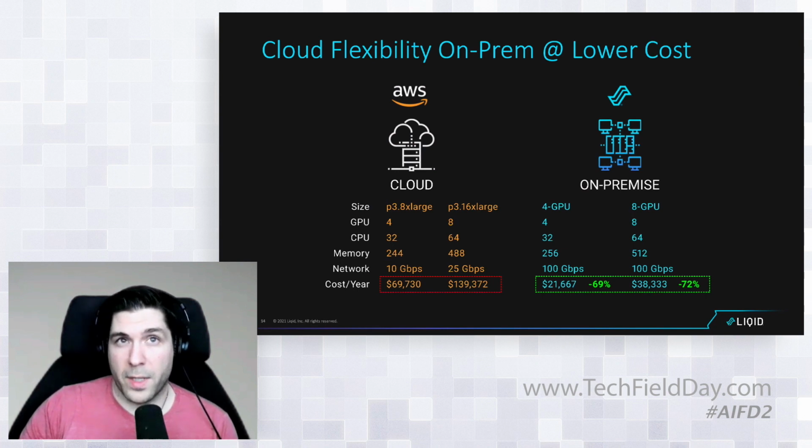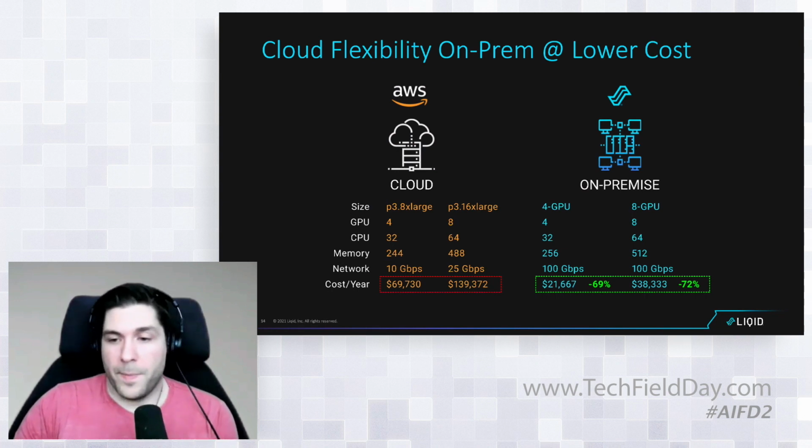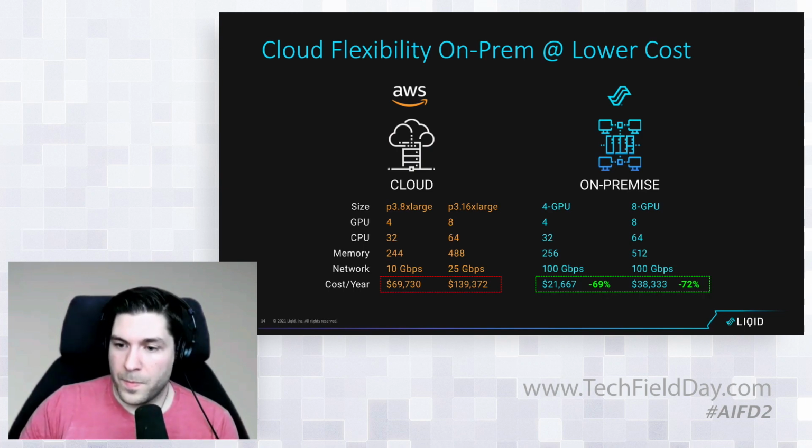I will always caveat this with: if your cluster is only 10 DGXs, or 16 or 8-GPU instances up in Amazon, you probably don't need to worry about it too much yet. But once you start getting into scale-out architectures, you definitely will want to take a look at moving to on-prem, whether it's with us or other systems. It's just something to keep in mind.